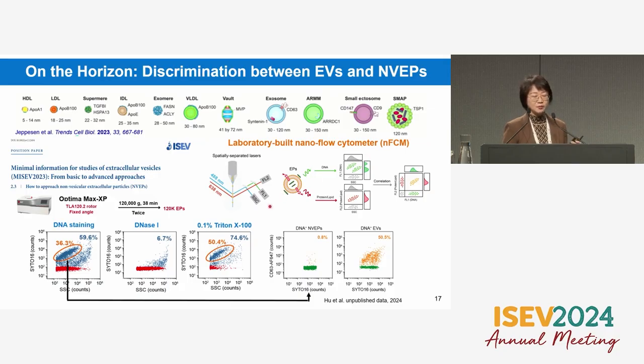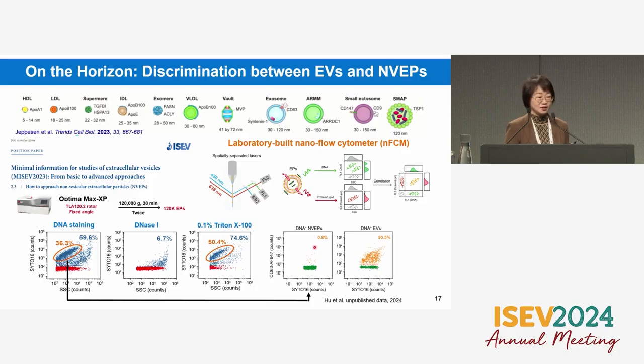Then we can label the samples with a nucleic acid dye and an antibody. Without spectral crosstalk, we identified a population that can be labeled with DNA, and this attached DNA can be degraded by DNase I, but this fraction is insensitive to detergent treatment, and it doesn't express CD63.